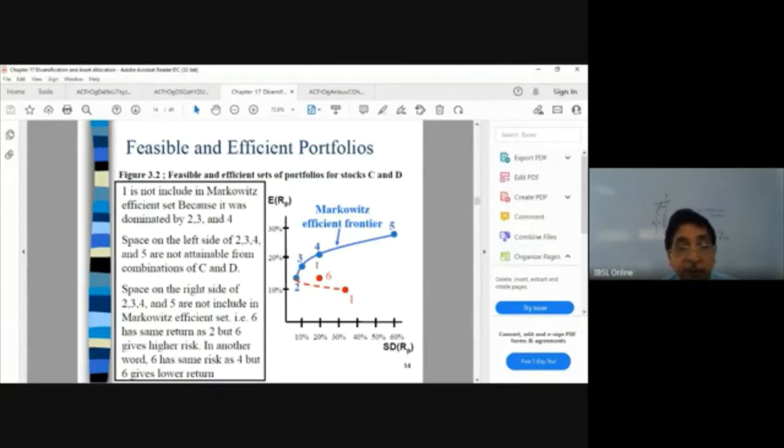Now we are referring to another type of concept. You can just look at this particular curve. Point 1 is not included in the Markowitz efficient set because it was dominated by 2, 3 and 4.